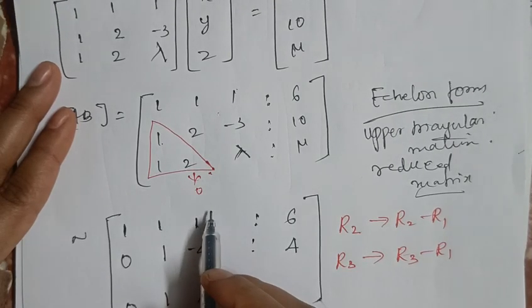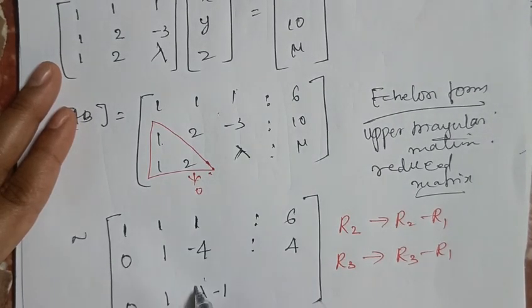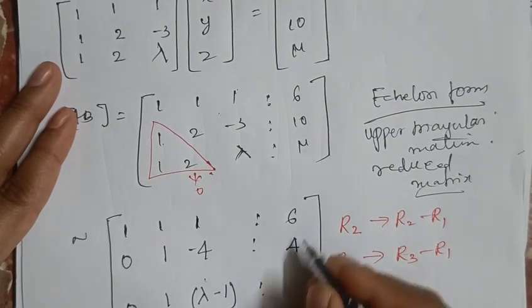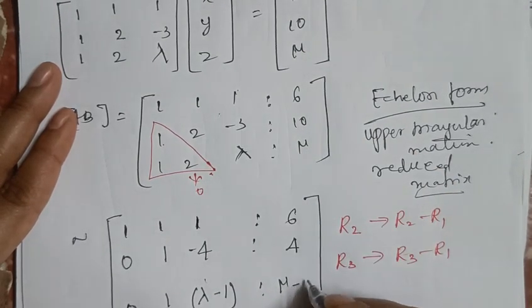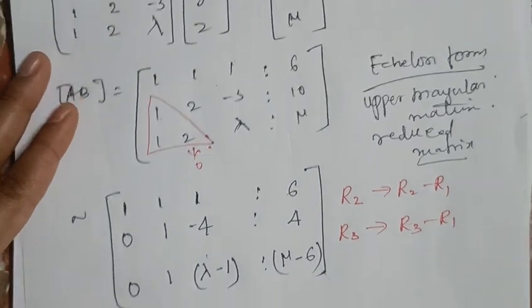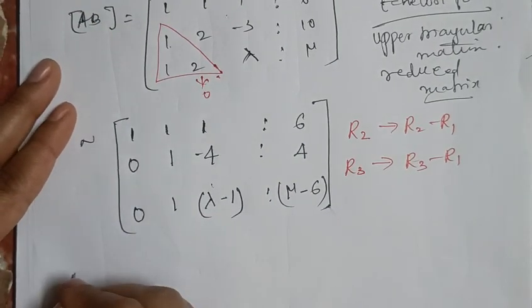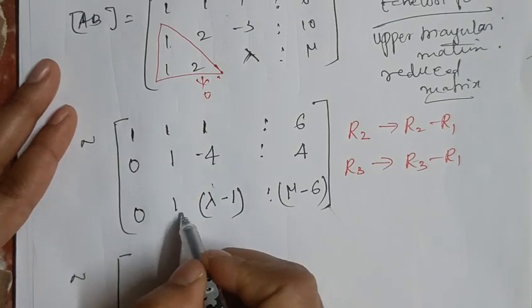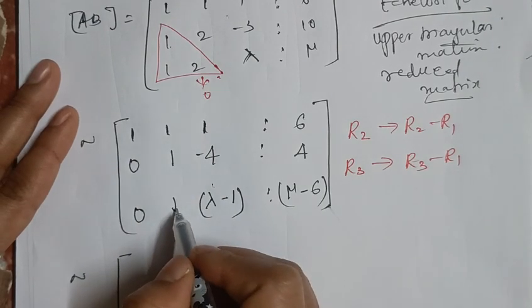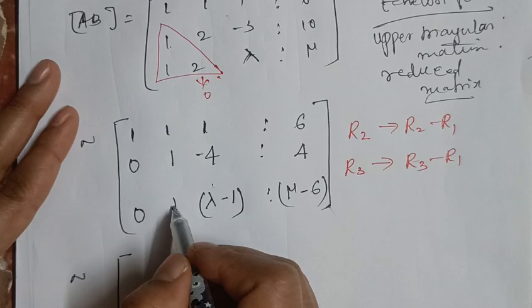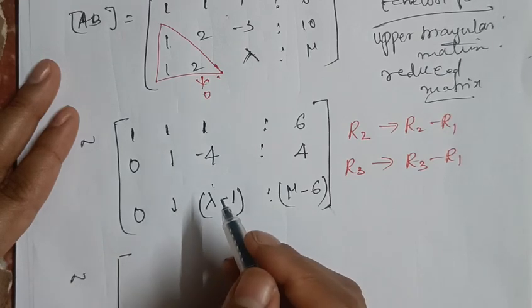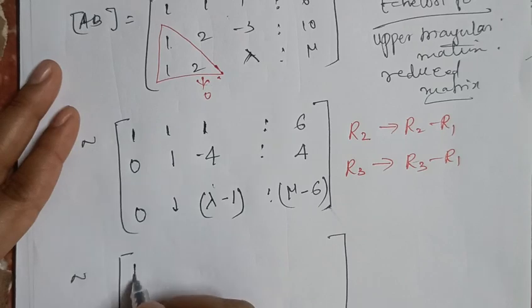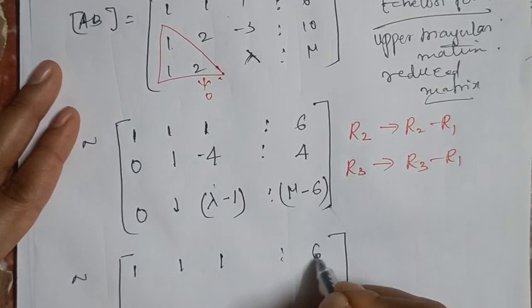This is row 1. Now this is going to be mu minus 6. Correct? Now I will perform some operations here to make even this 0. So let me just write these 2 rows as they are.